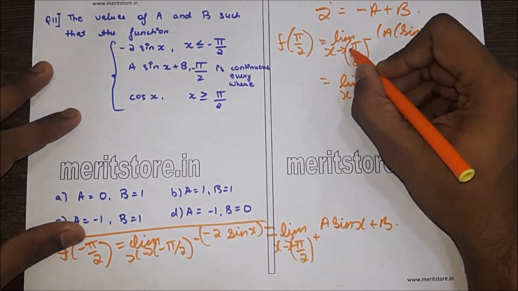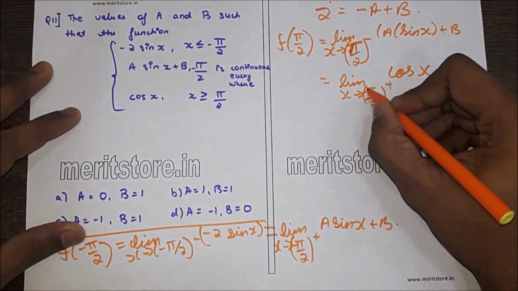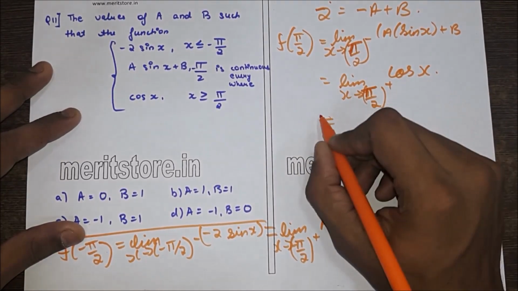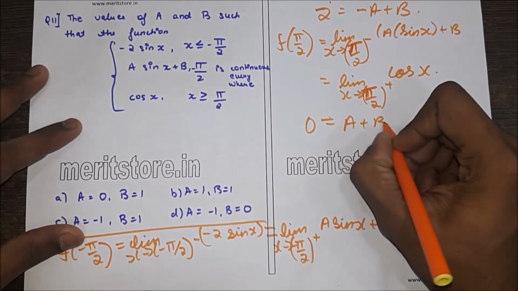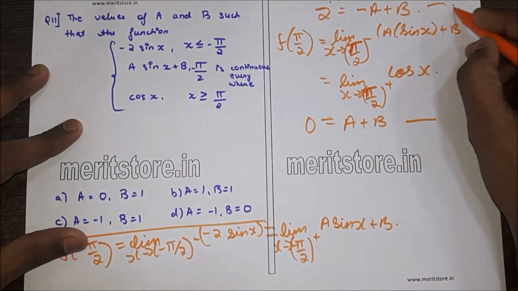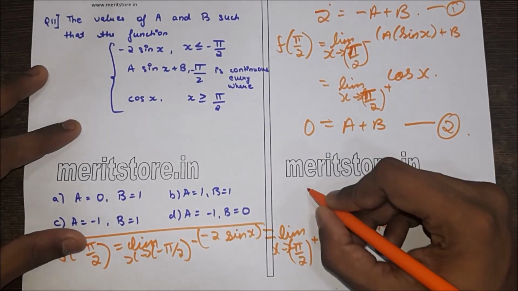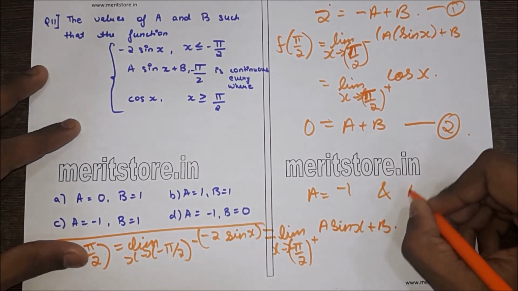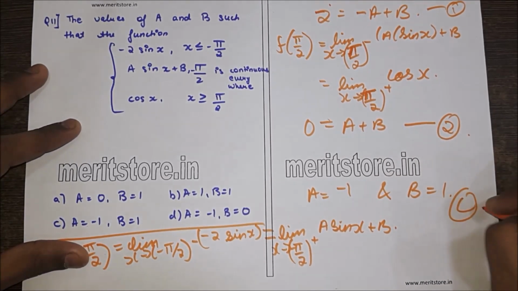These both are taken as x tends to pi by 2. So we could say 0 is equal to a plus b. So from these both equations, stated as 1 and 2, we can write a is equal to -1 and b is equal to 1, which is option C.